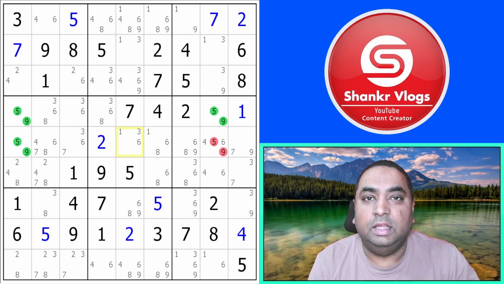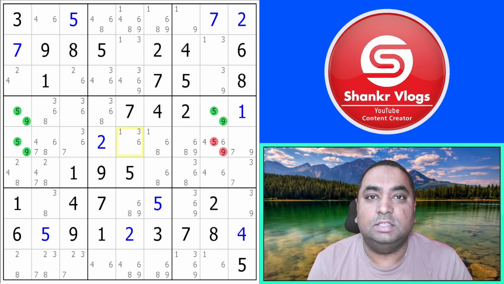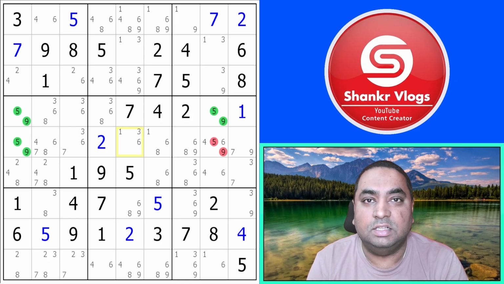As I said, a unique rectangle has 4 cells formed with 2 rows, 2 columns, and 2 blocks. In type 1, 3 cells have to be accommodated with only 2 candidates of the unique rectangle, known as unique rectangle candidates or UR candidates.